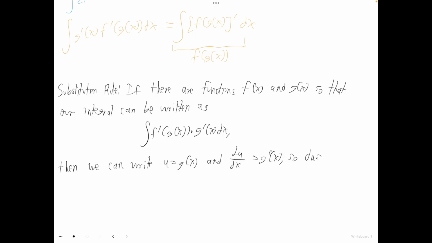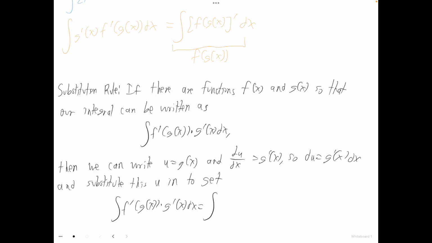So du equals g prime of x dx, and substitute this u in to get that the integral of f prime of g of x times g prime of x dx equals the integral of f prime of u du, which is f of u plus c, which is f of g of x.